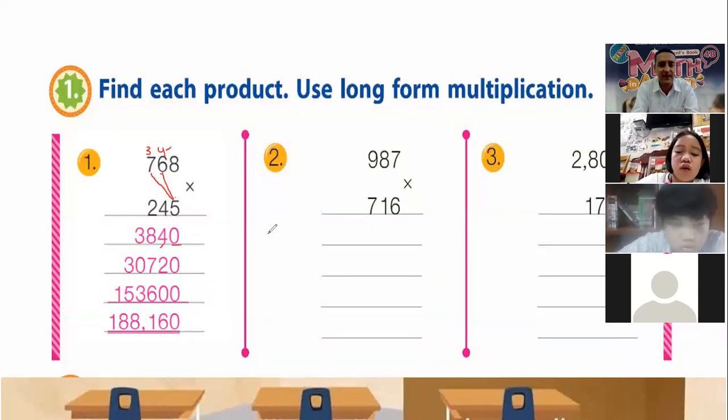So 7 multiplied by 5 is equal to 35, right? So 35 plus 3, we have 3 carried over at the 100 place, so 35 plus 3 is equal to 38. So now we have the product of 5 multiplied by 768, which is equal to 3,840.